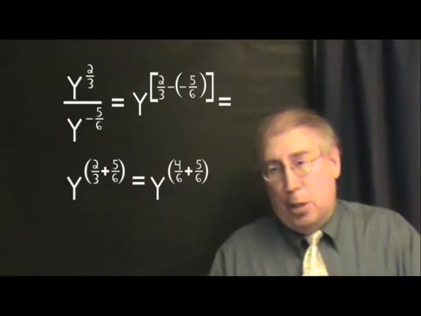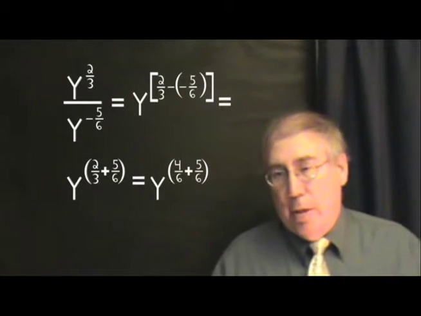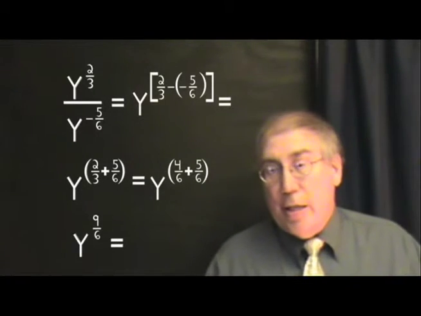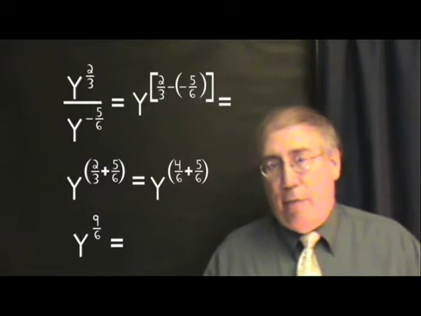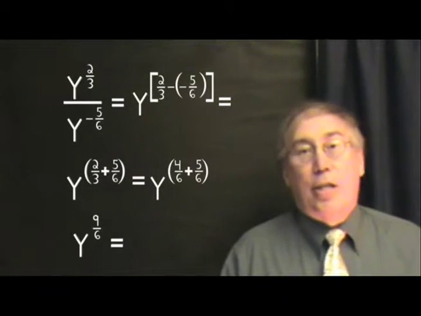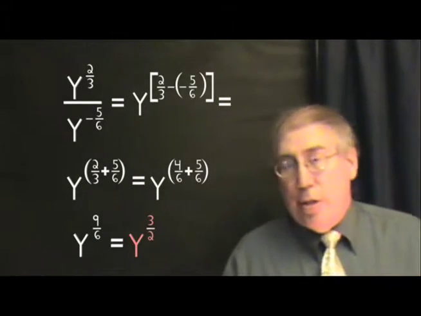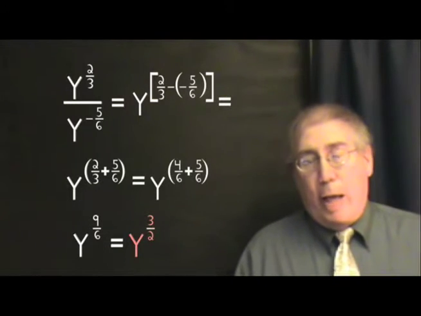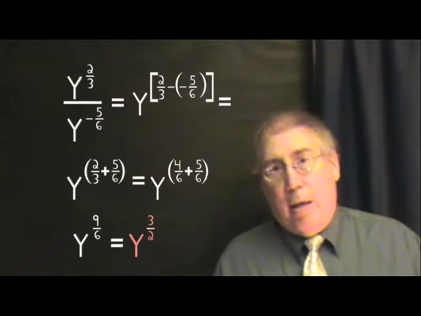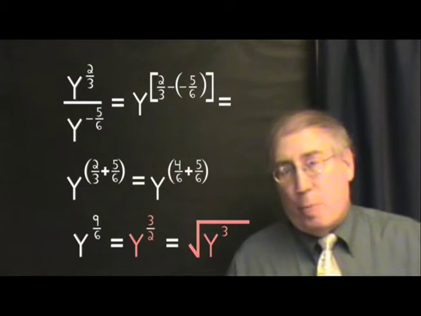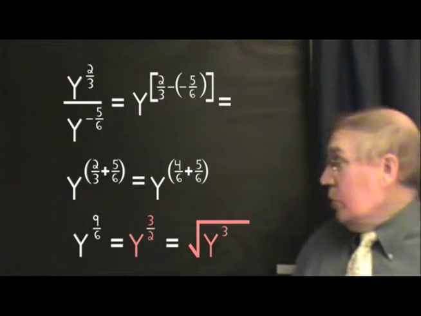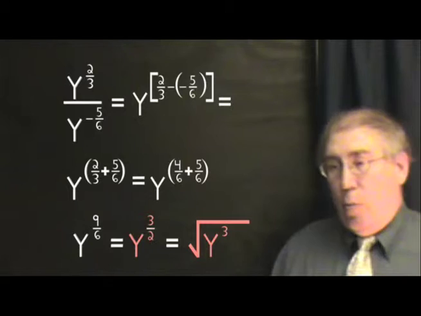Now we've got to get the denominators the same. Use the least common multiple, and it comes out to be 6. And so we can add 4/6 and 5/6 together, and we get 9/6. That reduces down to 3/2. And this could be put another way as the square root of y cubed.